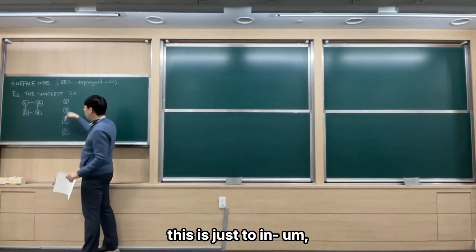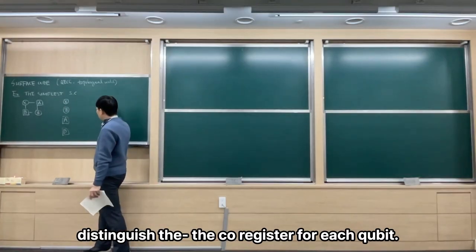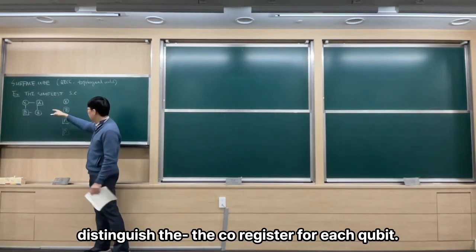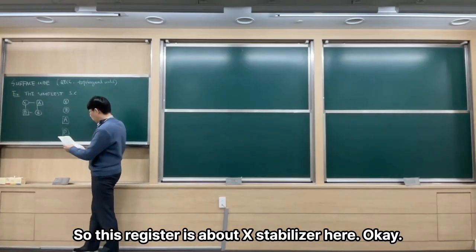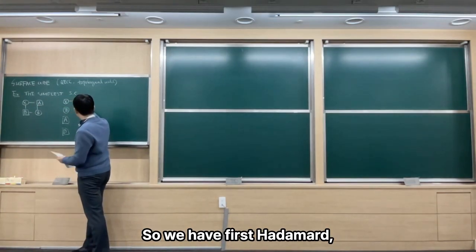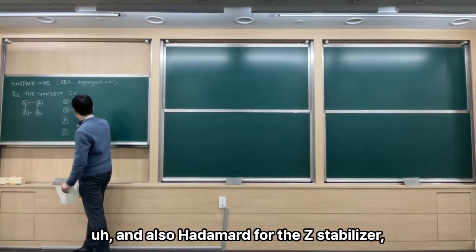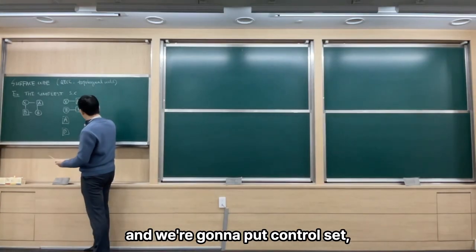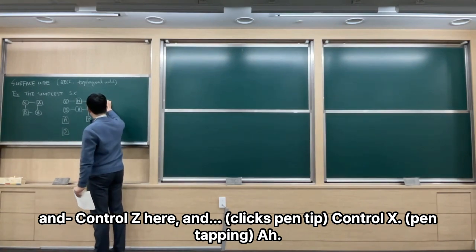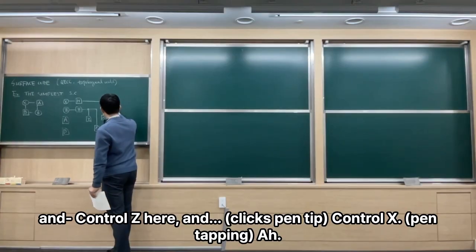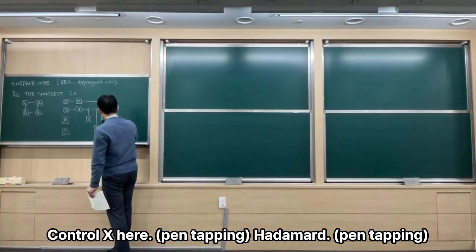This is just to distinguish the register for each qubit. So this register is about the X stabilizer here. Okay, so we have first Hadamard, and also Hadamard for the Z stabilizer, and we're going to put control Z and control Z here, and control X, control X here, and Hadamard.